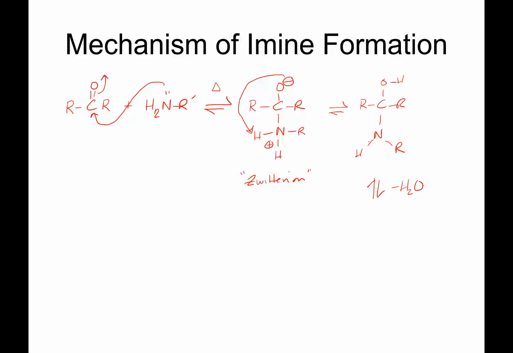But what's going to happen is this pair of electrons is going to go here to form a nitrogen double bond. And then the OH is going to leave. And we know OH isn't a great leaving group, but under heat, the H plus off the nitrogen and the OH will leave as combined water, and we end up forming a double bond to the nitrogen.